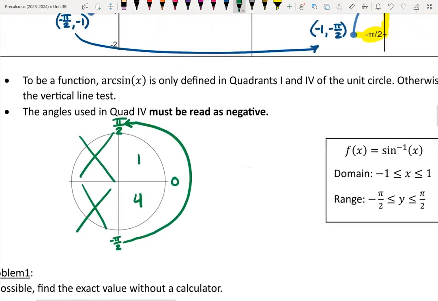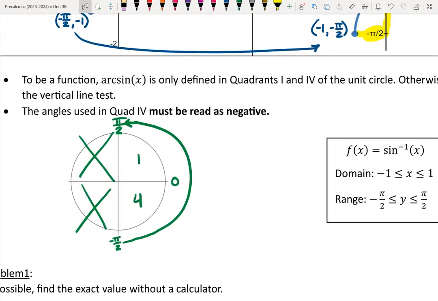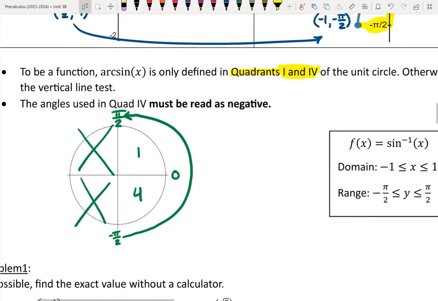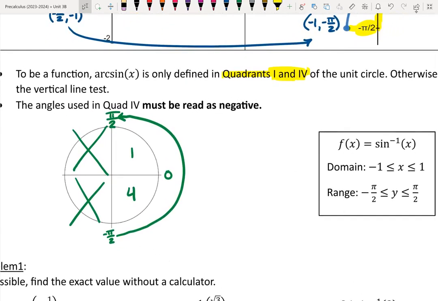And that's what I say in the first bullet point here. To be a function, arc sine is only defined in quadrants 1 and 4 of the unit circle. Otherwise, it would fail the vertical line test. Also, the second bullet point says that angles used in quadrant 4 must be read as negative.